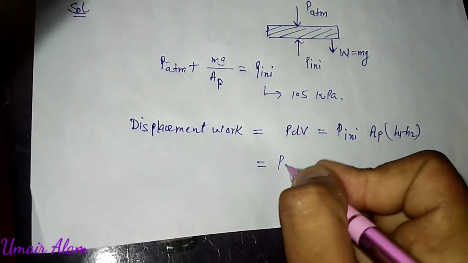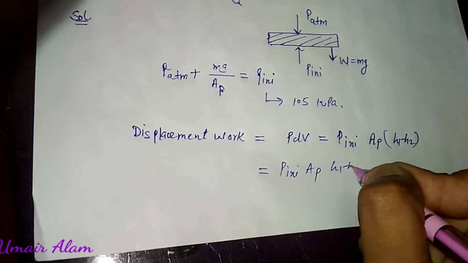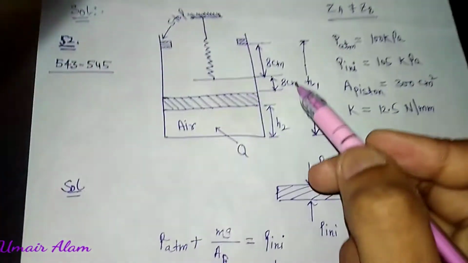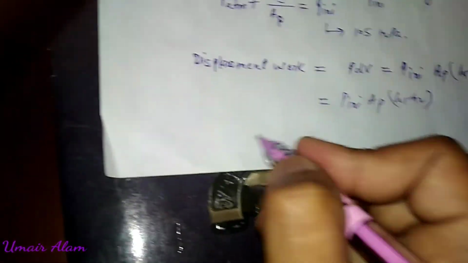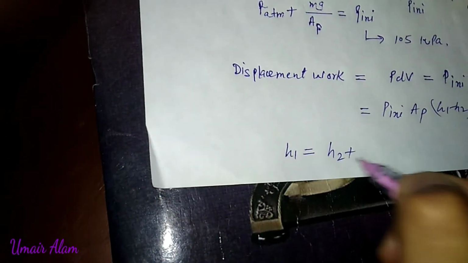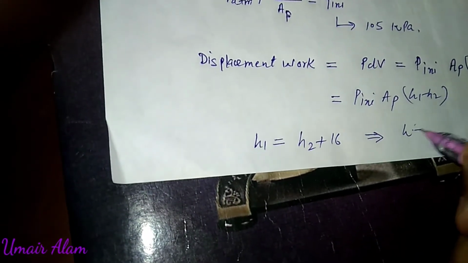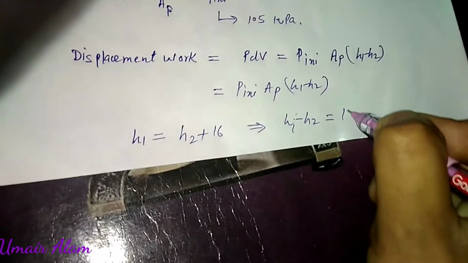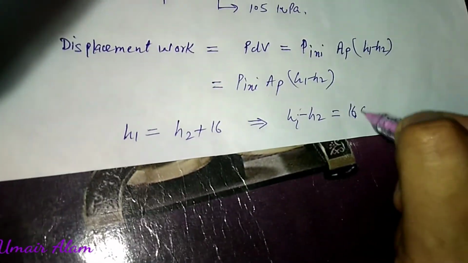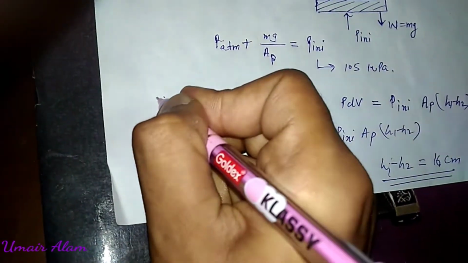From this figure, h1 will be equal to h2 plus 16 centimeter, so h1 minus h2 is equal to 16 centimeter. So this is our first work.